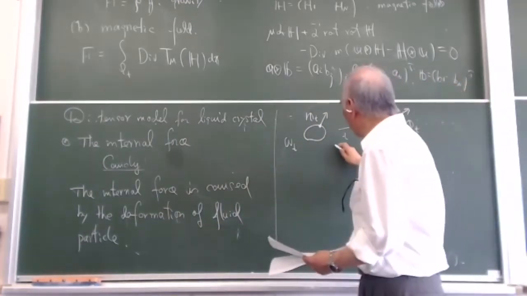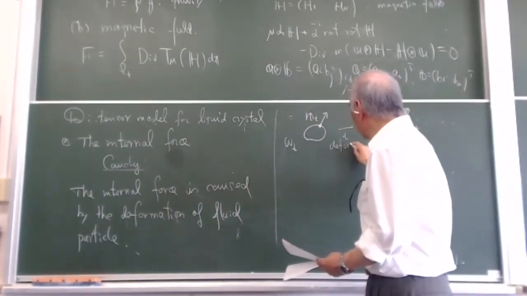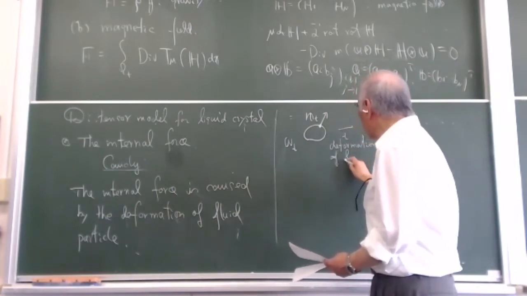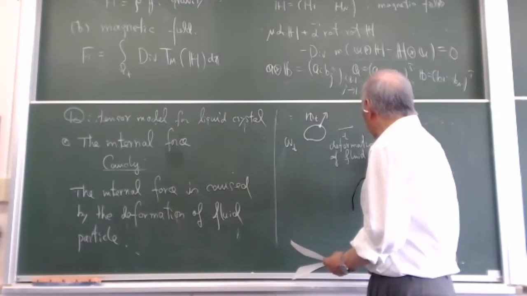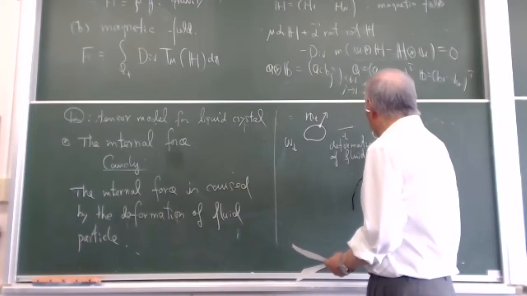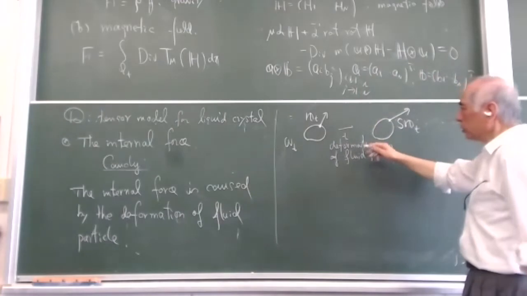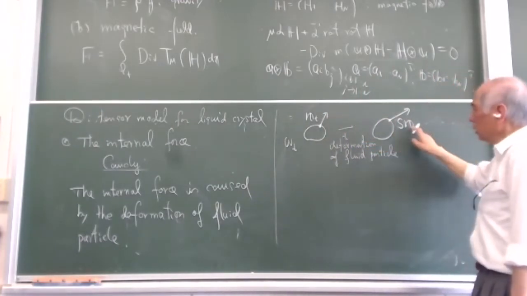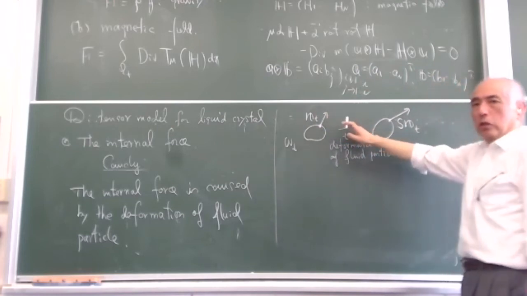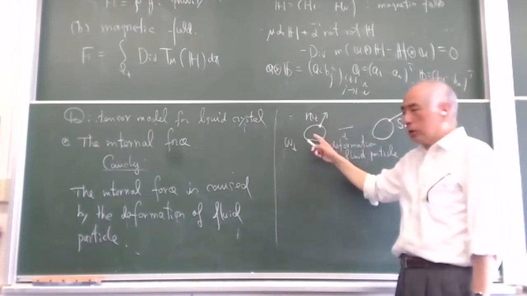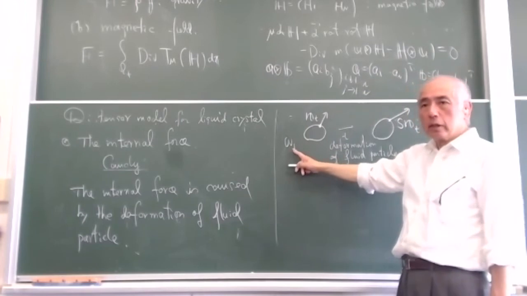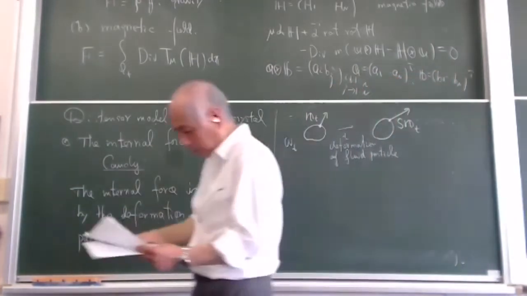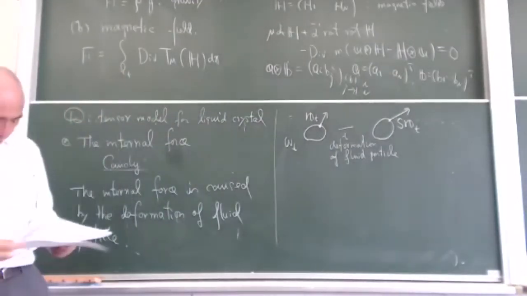So this is the deformation. The deformation of a fluid particle is described by how the unit normal vector of T changes. It is given by the matrix S. This is Cauchy.